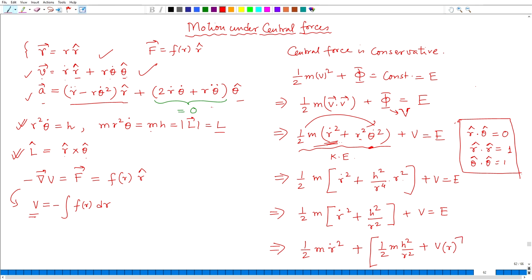Now, if you have this information with you, you can write the whole energy conservation like this.